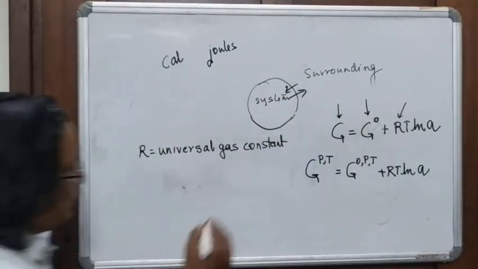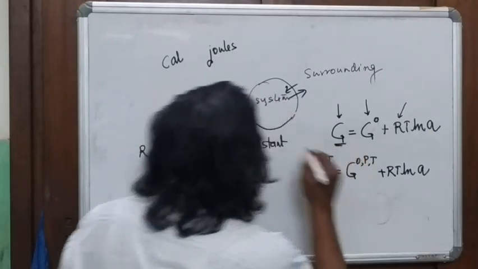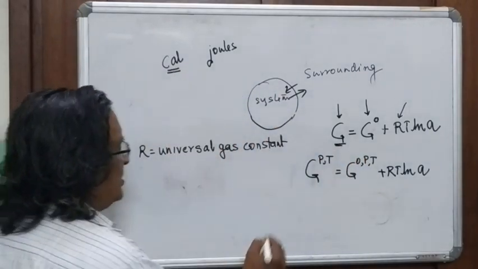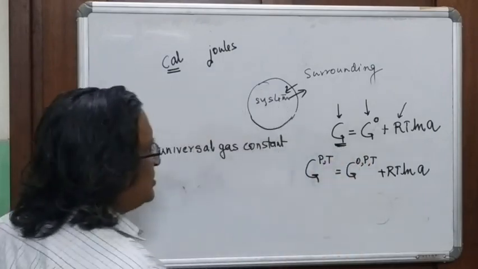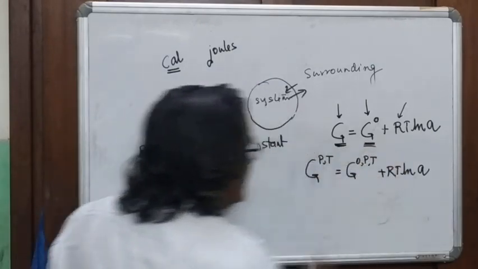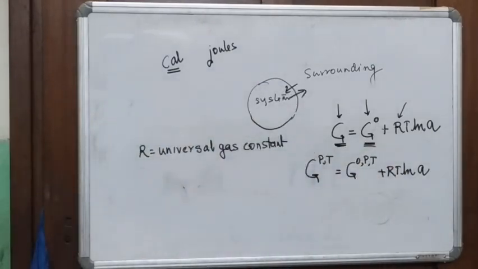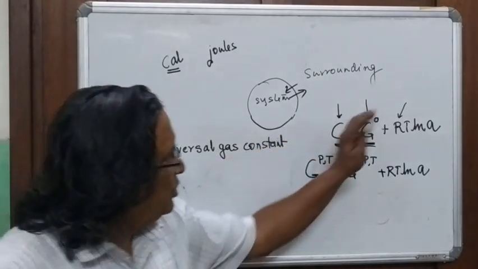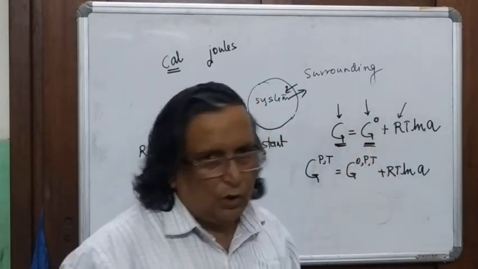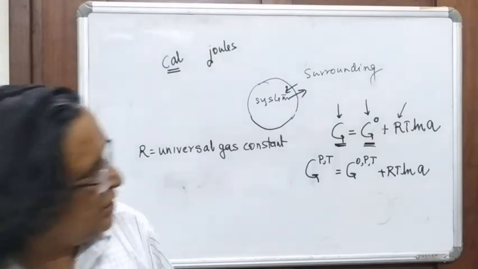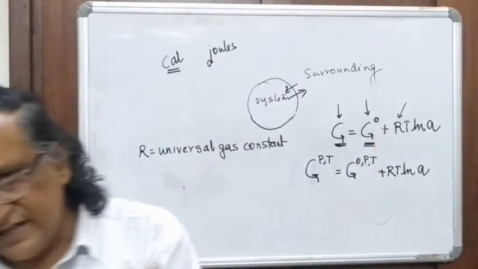Let's say we take it in calories. If this is in calories, then this is also in calories, because G is equal to G0 and there is nothing after that. So G0 also has the unit of calorie.